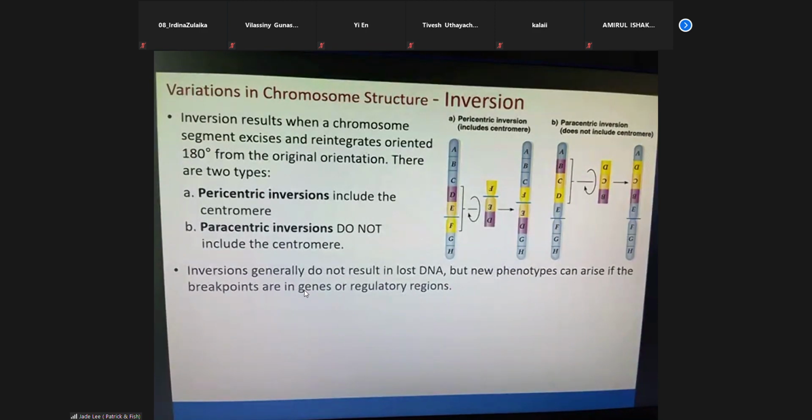So the inversions generally do not result in loss of DNA, but a new phenotype can arise if the breakpoints are in genes or regulatory regions. Contohnya di sini, kalau dia di sini the breakpoint, dia melibatkan banyak gene, okay, maka dia akan result in the different phenotypes or new phenotypes.